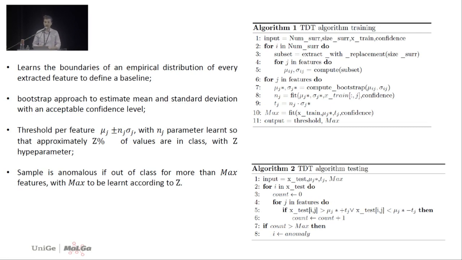And max is, again, a parameter learned with the same strategy. In our experiments, for instance, we used 98%, so we are allowing 98% of the samples to be in class and 2% to be anomaly in the training set. On the right of the slide, you can see a pseudocode representation of the training and the testing phase of our algorithm, and more details can be found in the paper.